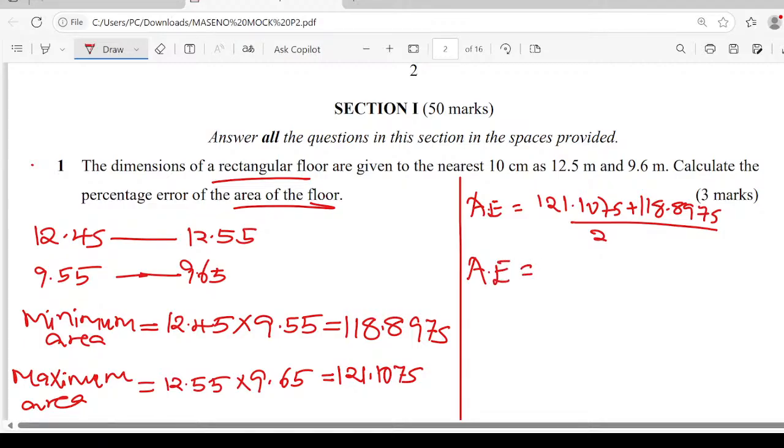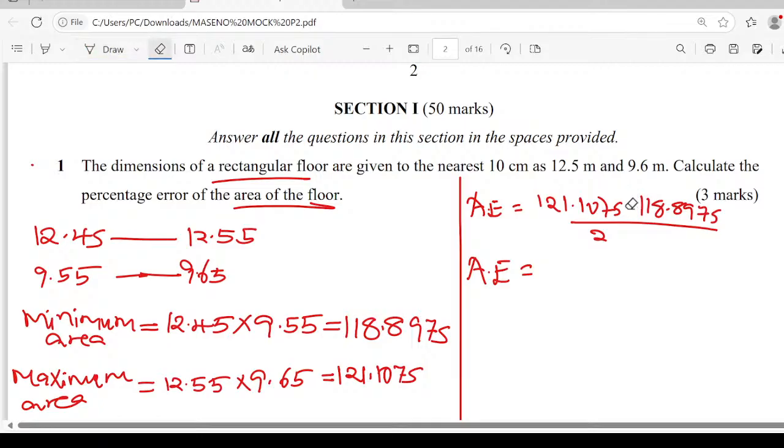My absolute error, I'm using my calculator, 121.1075 plus 118.8975, then I divide this by 2. Sorry, why am I adding?